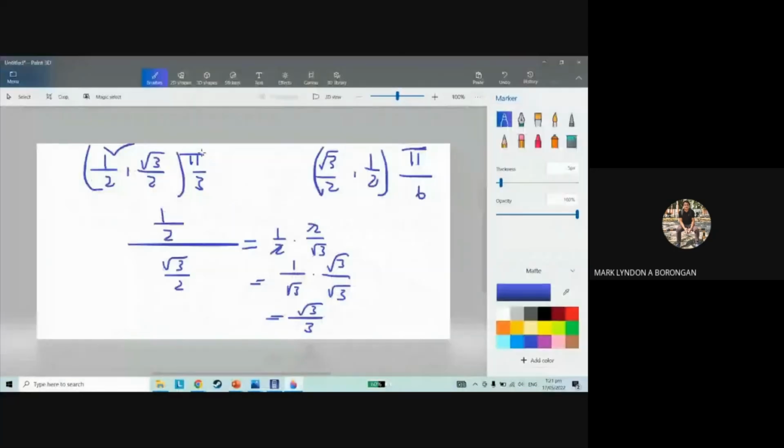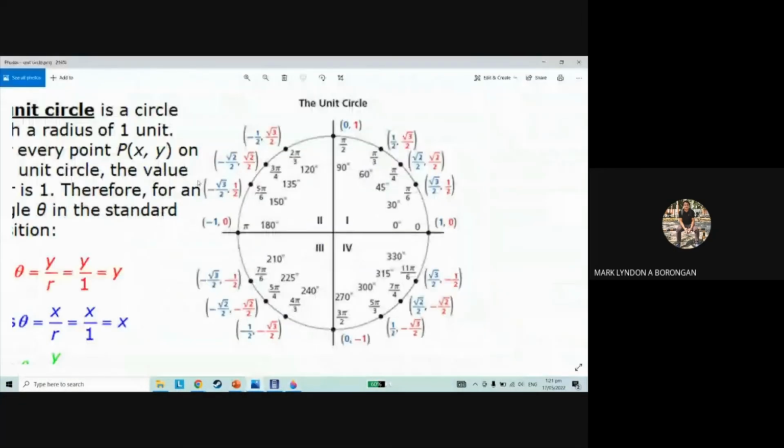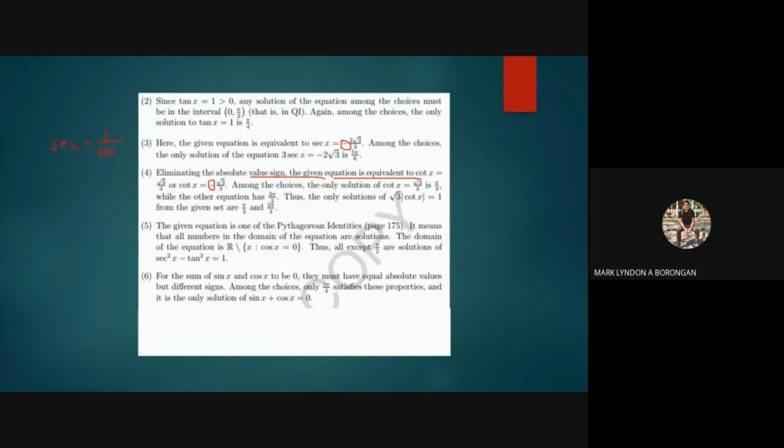Okay, that's cotangent. But since what is given here is negative, where is it negative? But the choices here, so it's pi over 3 also, no? So pi over 3 should be in the denominator. The choices here are pi over 3 and 2 pi over 3, so two are given. So among the choices, the only solution of cotangent of x is pi over 3, while the other equation has 2 pi over 3.